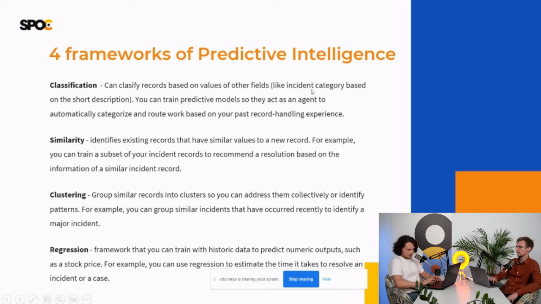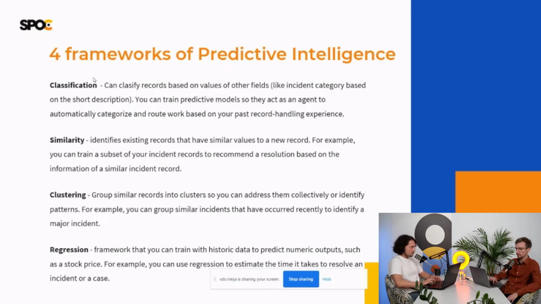Let's assume that you wanted to find the category of your incident based on, for example, the short description. Using the historical data, classification is going to be able to classify your newly appearing incidents to some category that you have already defined on your instance.